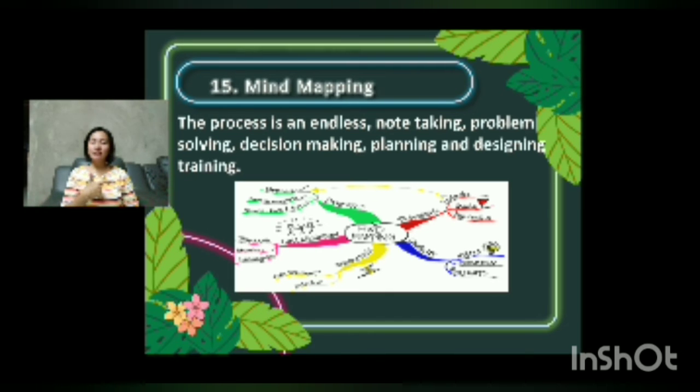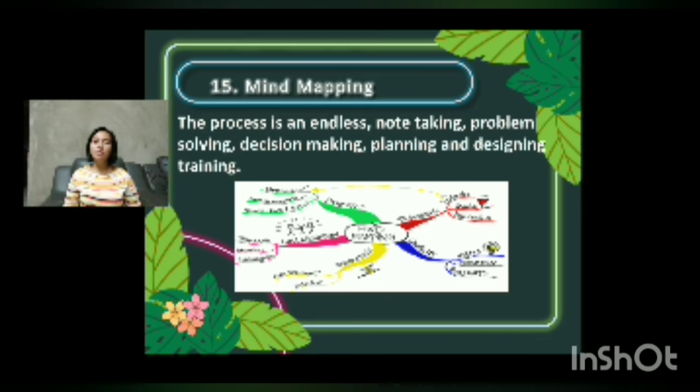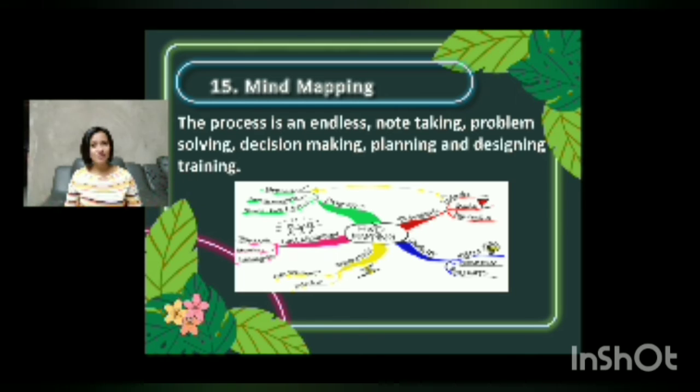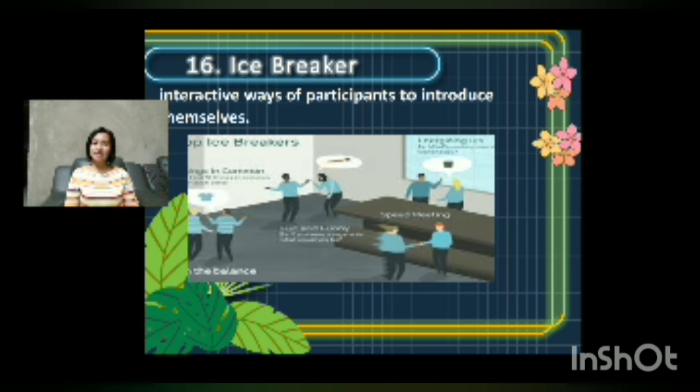Example, as you can see in the picture, start with a central topic surrounded by bubbles. You can expand your ideas by adding additional bubbles that are each connected with lines to create relationships.